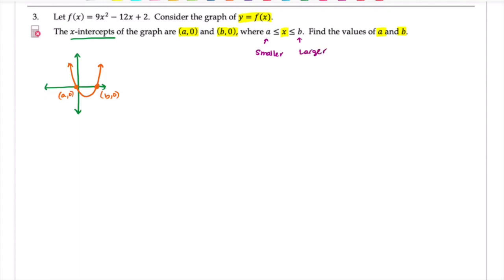So when I identify these pieces, I must put it in that specific order. So I am going to go ahead and use quadratic formula for this specific problem. So again, write down my formula. We have our function, we have our A, our B, and our C values there. I'm going to plug in, simplify, and get to my final destination.